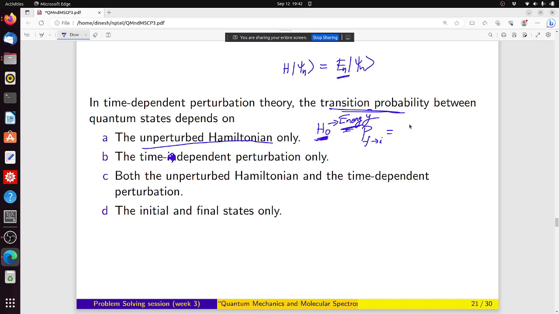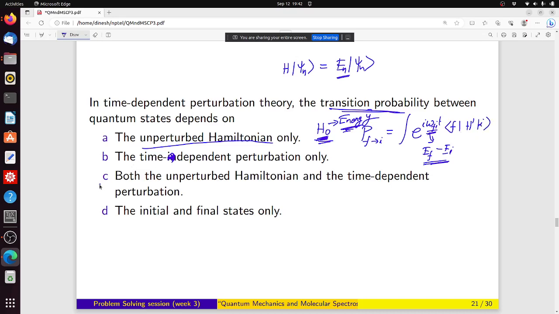In this probability formula, you must be remembering this part, the integration of e to the power i omega fi t. What is this? This is the energy difference, right? Final energy minus initial energy. So it depends on the unperturbed Hamiltonian, and it also depends on this perturbed Hamiltonian.